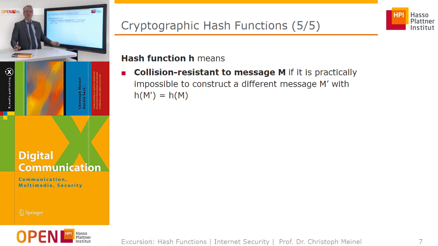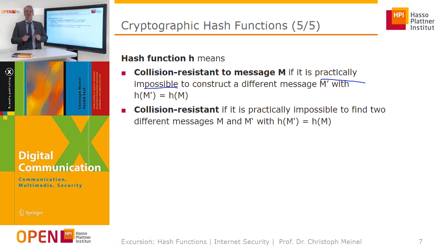The hash function means collision resistance to message n if it is practically impossible to construct a different message with the same hash value. So it should be almost impossible for an attacker to produce a faked message with the same hash value. A cryptographic hash function should be collision resistant, and this means that it is practically impossible to find two different messages with the same hash value.